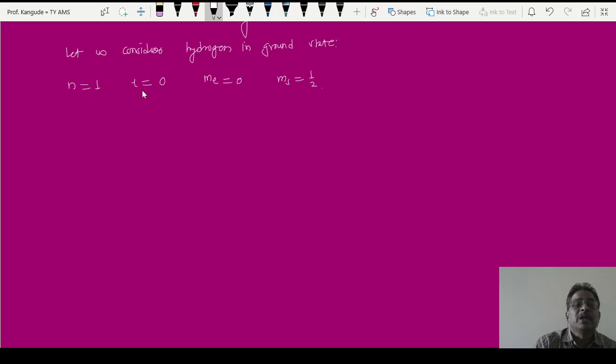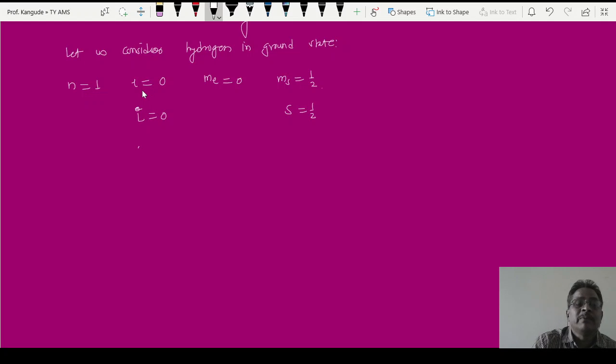Now remember, since this is a single electron, capital L is also equal to 0. Then S is simply equal to 1/2, since a single electron is there.